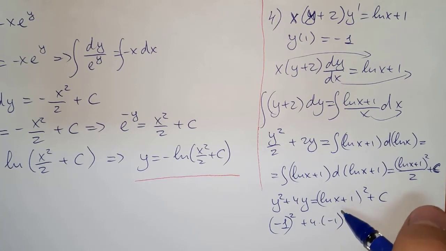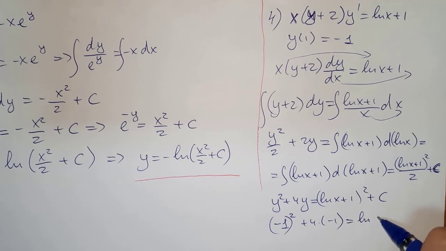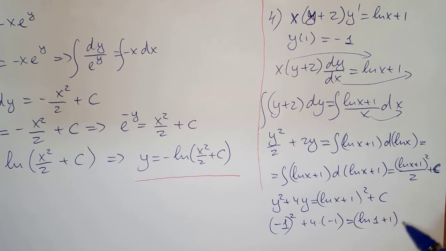Instead of y, we need to put minus 1, and instead of x, we need to put 1. It's natural logarithm of x, it is 1 plus 1, squared, plus c.